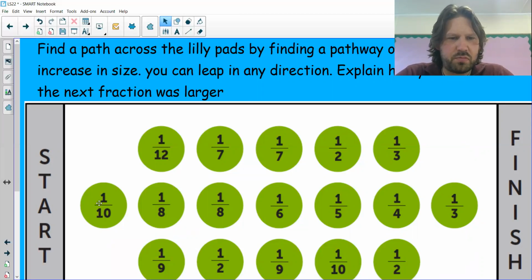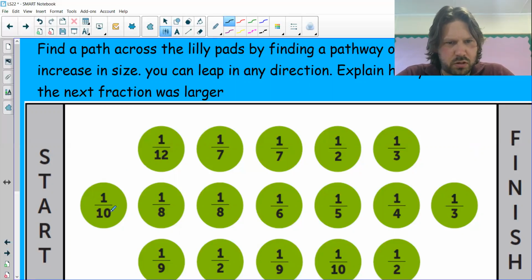So we're going to start with 1/10, and we're going to go to a larger number. Now we could go to 1/8, jump, and we could show that by drawing an arrow. So we could go to here. You, of course, would use a ruler.